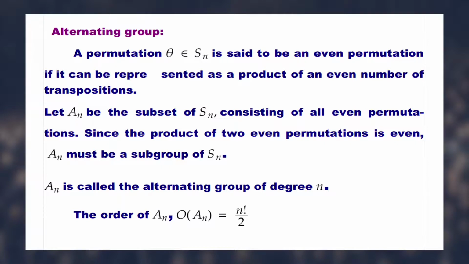Since the product of two even permutations is even, An must be a subgroup of Sn. An is called the alternating group of degree n.